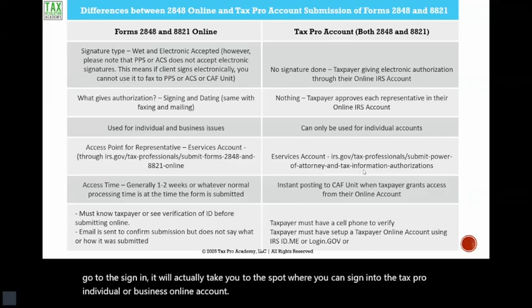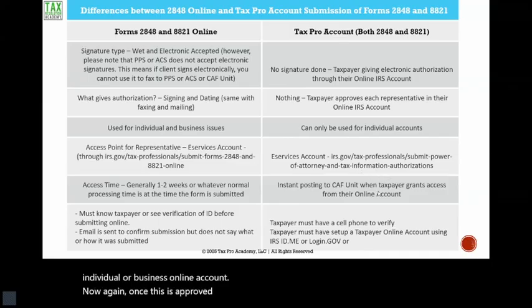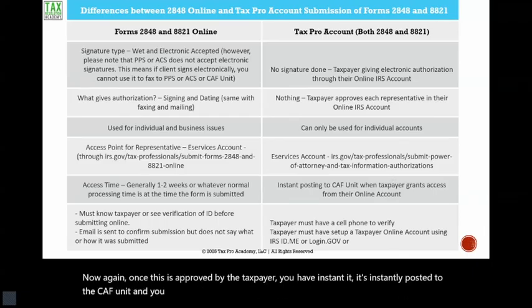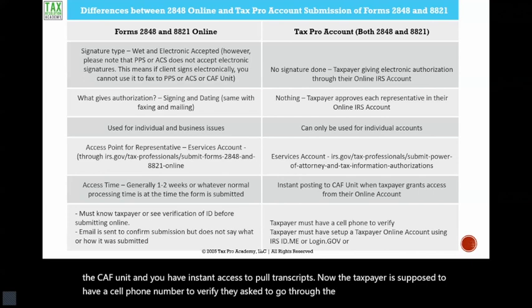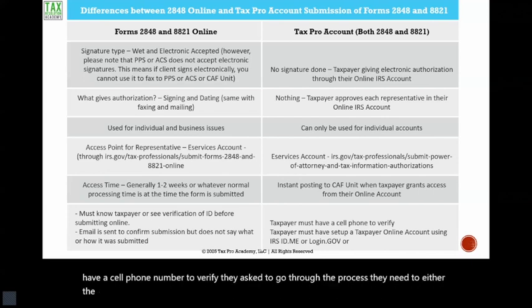Now, once this is approved by the taxpayer, it's instantly posted to the CAF unit, and you have instant access to pull transcripts. The taxpayer is supposed to have a cell phone number to verify. They have to go through the process. They need either an ID.me account or a login.gov account.